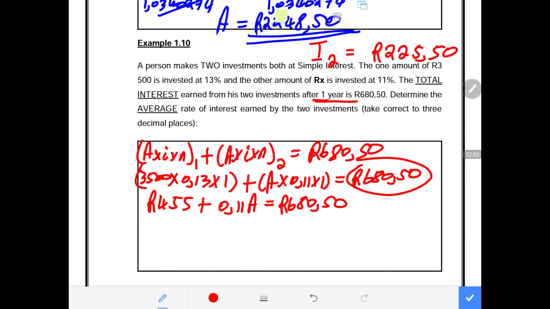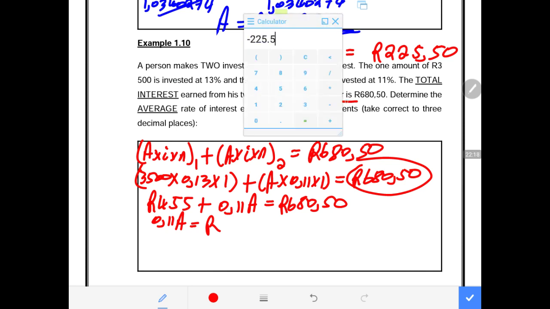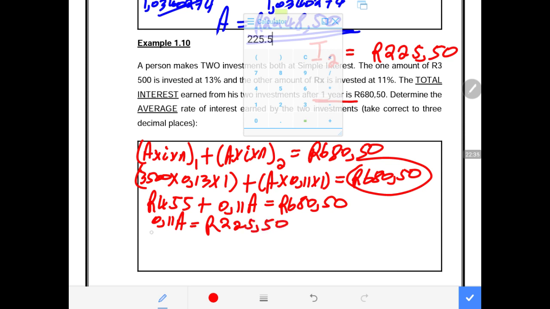Now we go to the continuation. We have to take this over the equal sign. When we take this over the equal sign, we will be left with 0.11A equals 680.50 minus 455, which will give us the interest of the second investment as 225 rand 50 cents.